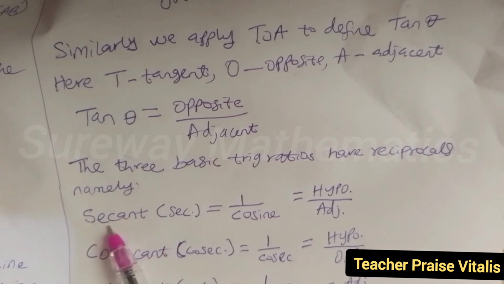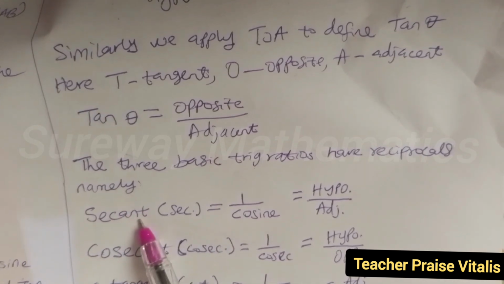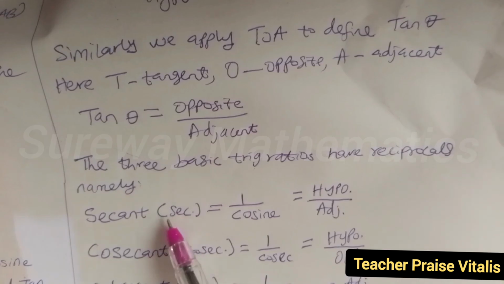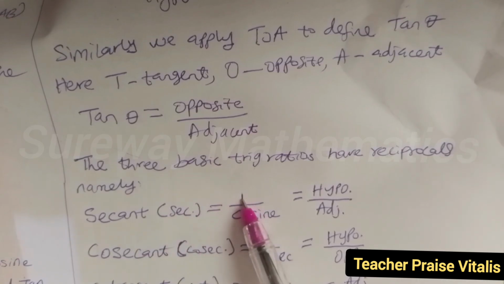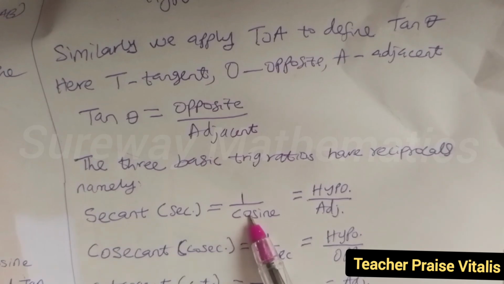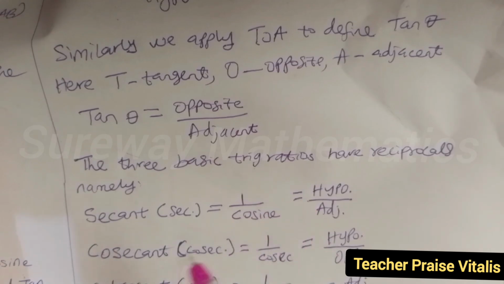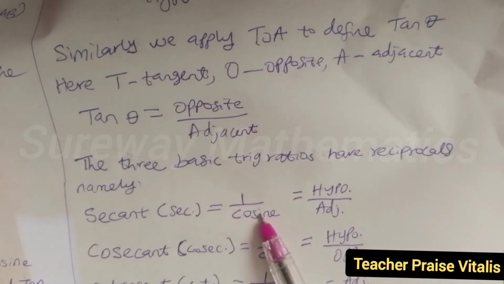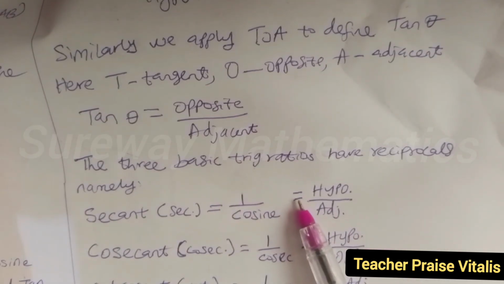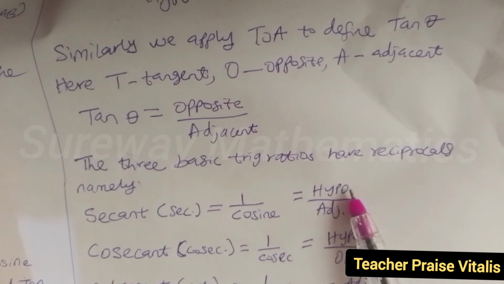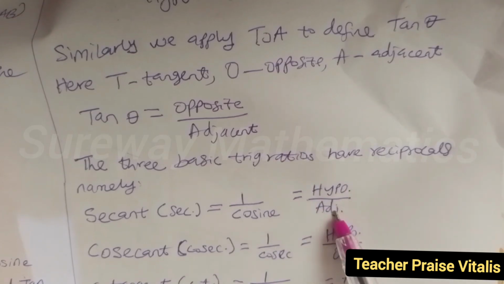One is the secant, in short sec, spelled S-E-C, equals 1 over cosine. And cosine we know is adjacent over hypotenuse. So 1 over cosine is the inverse of whatever cosine is. Therefore, secant equals hypotenuse over adjacent.